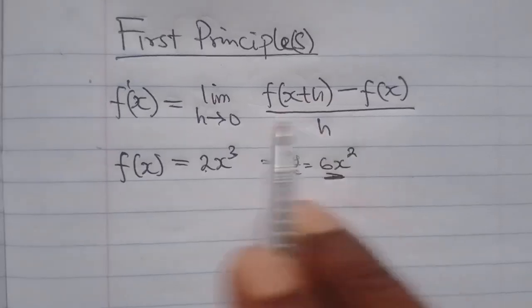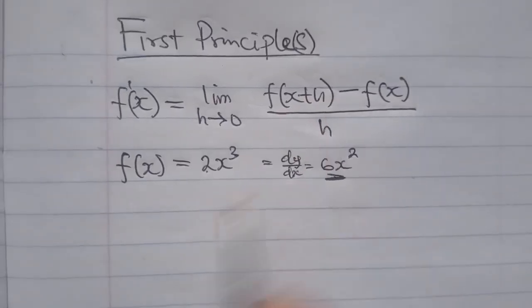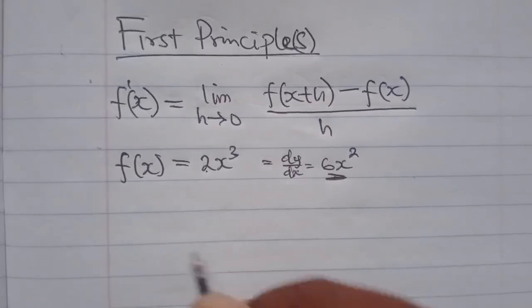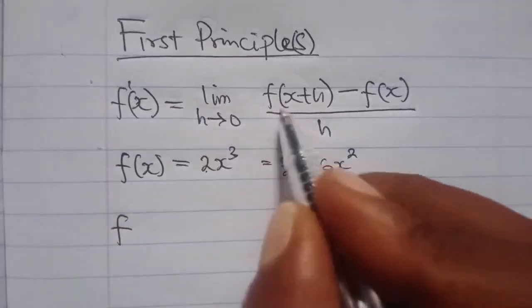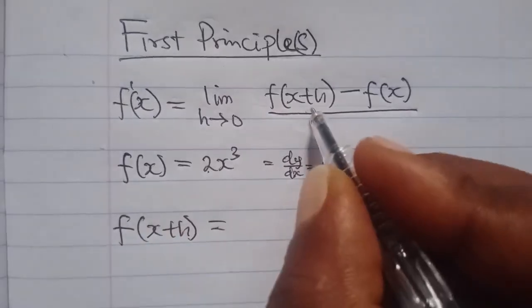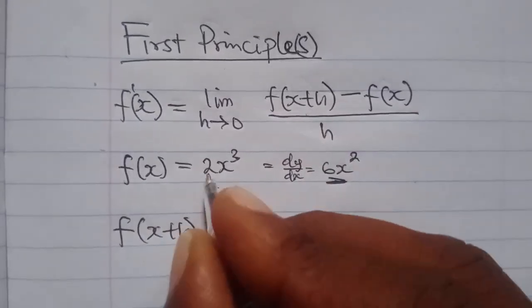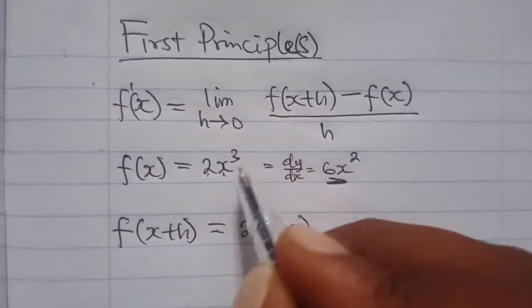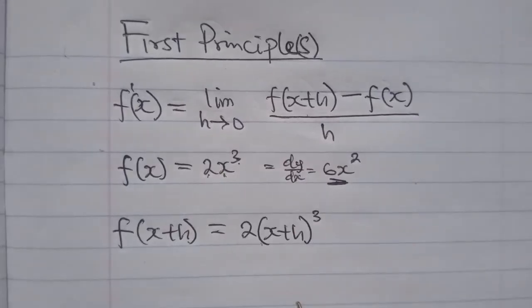Our focus is to use these first principles to differentiate it. What we're going to have is that f of x plus h, first of all, will be given as 2. Instead of writing x, we'll write x plus h, then cubed. That's what it is.